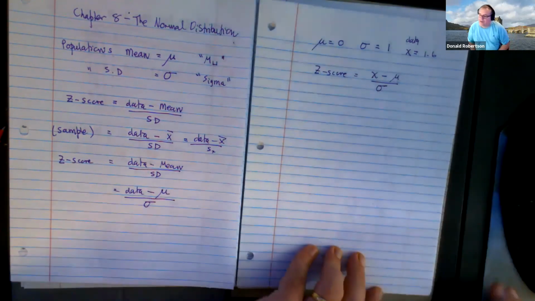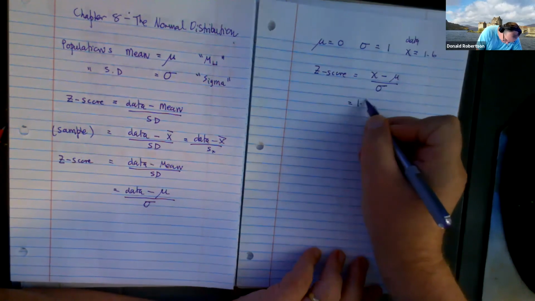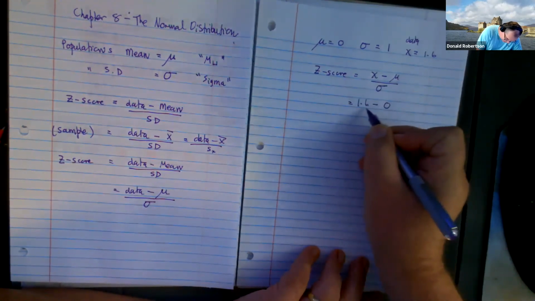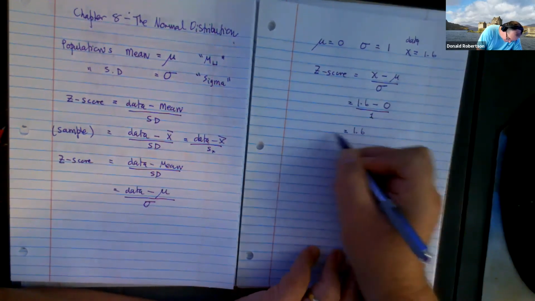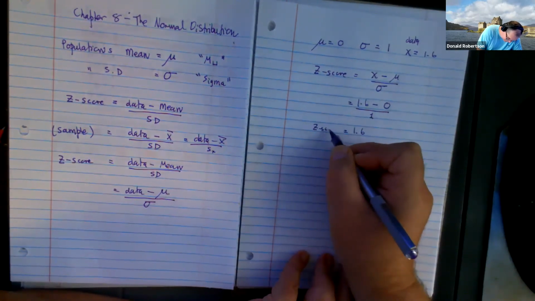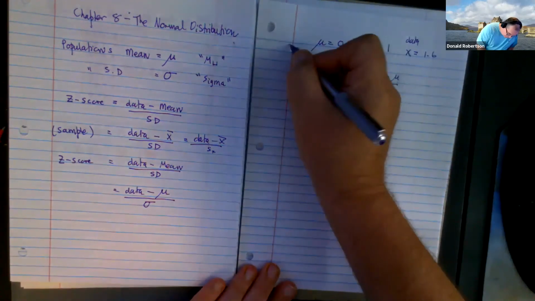Are you happy with that formula? And so the data is 1.6, the mean is 0, and the standard deviation is 1. And there is our z-score. Okay, call that question 1.